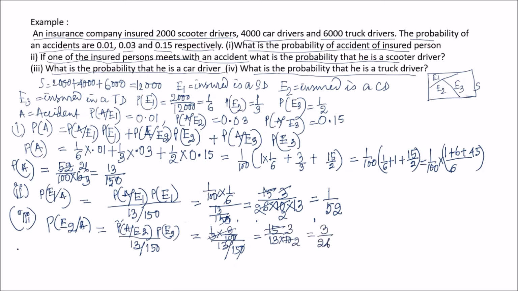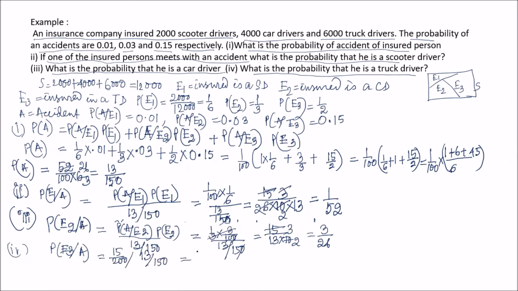Now coming to the third one. The fourth one, that will be E from your car driver. So how much will this be? It will be your 15 by 200 divided by 13 by 150.